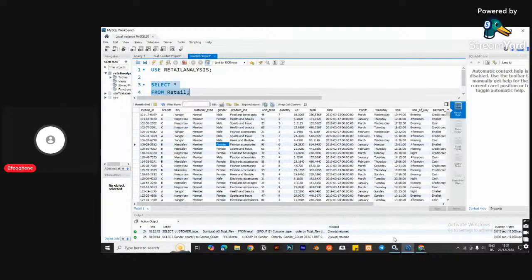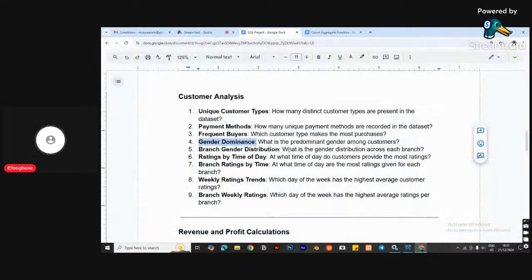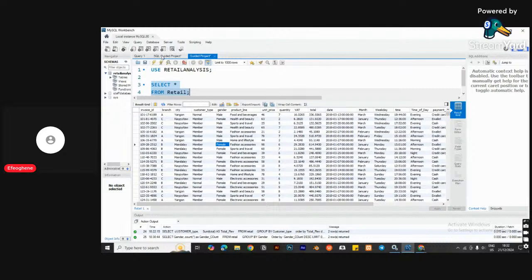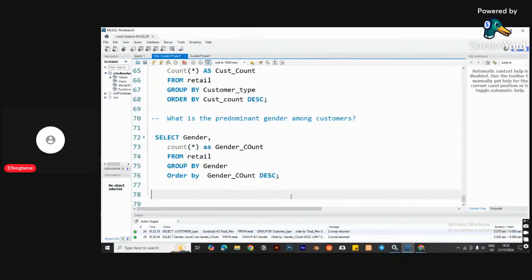So the next thing we'll do is, what is the gender distribution across branch? So I'm going to copy this and put it here.